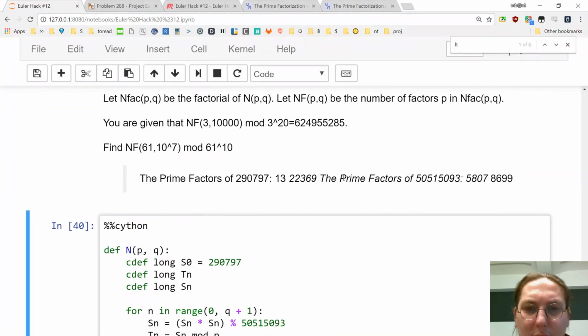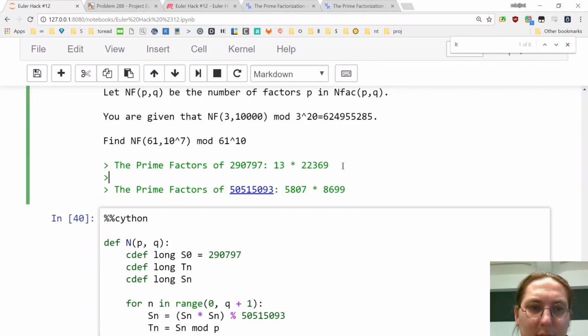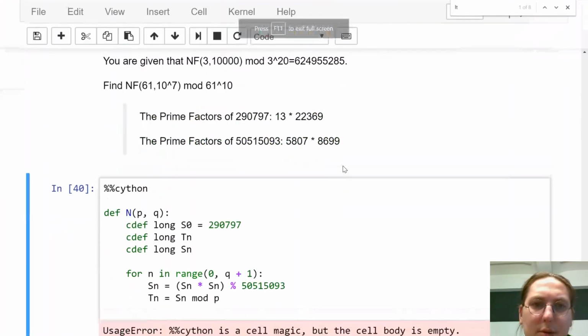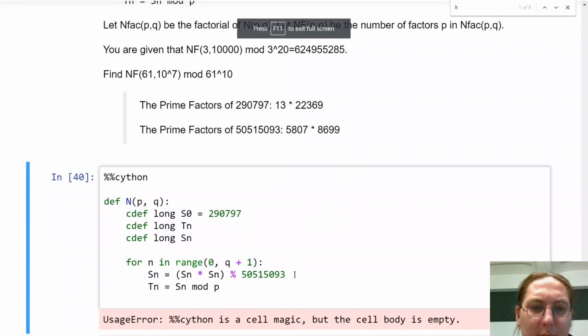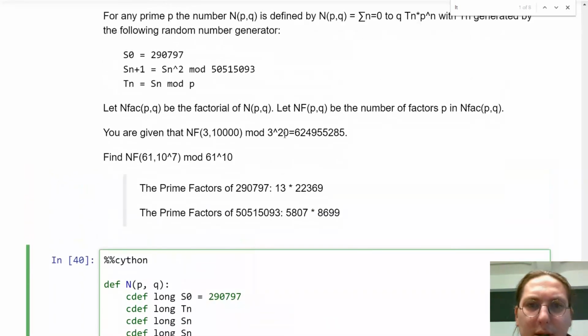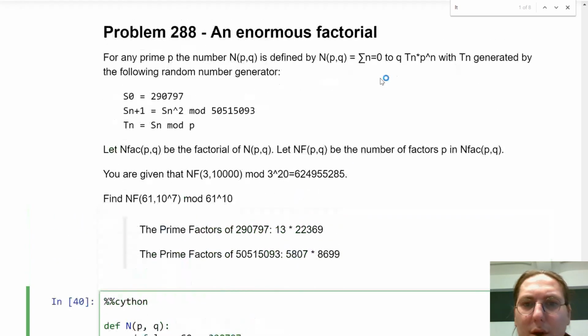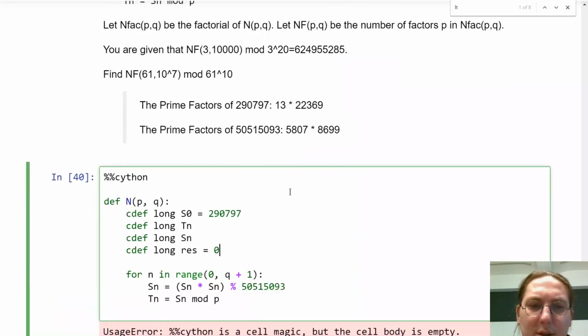You need to do cdef pn too. Okay, so wait a minute, what are we doing? We're doing pn is p to the power of n, getting the result. And they're always doing a sum, so we're starting at 0.